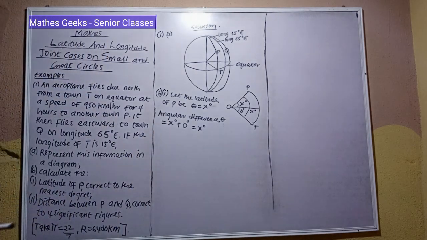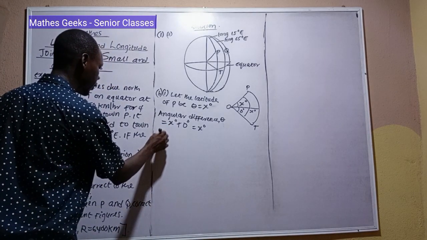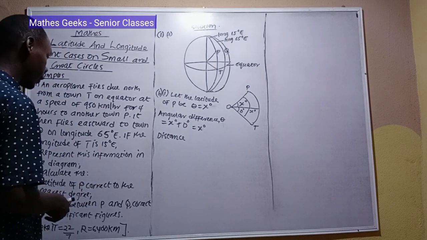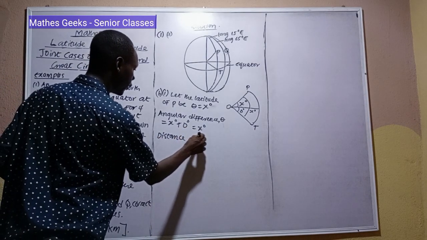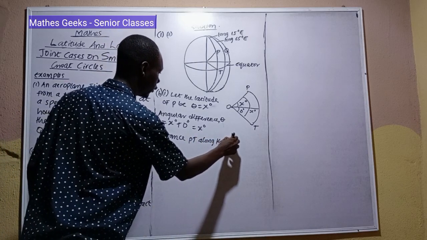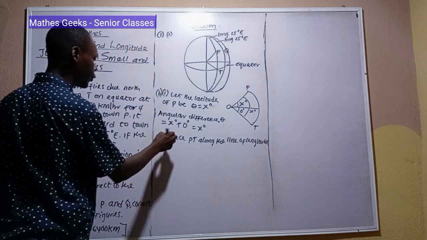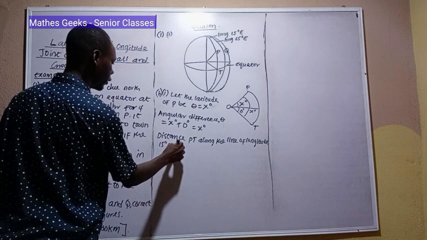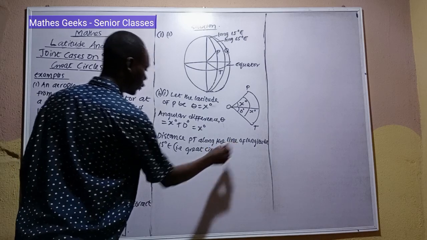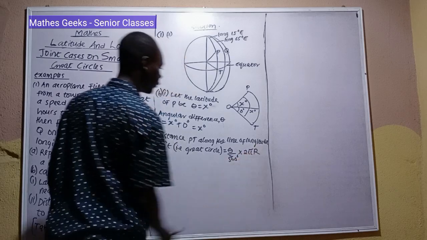Now, we want the latitude of P to the nearest degree, but P and T are on a great circle, so the distance PT along the line of longitude 15 degrees is equal to theta over 360 degrees times 2 pi r.